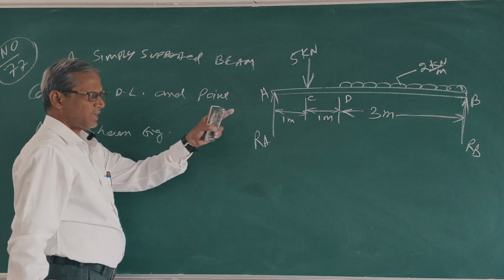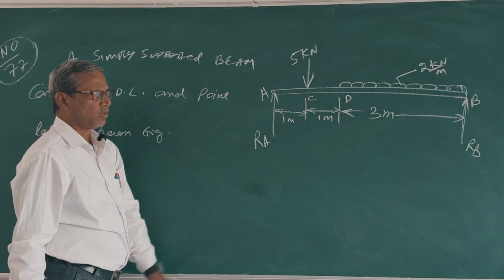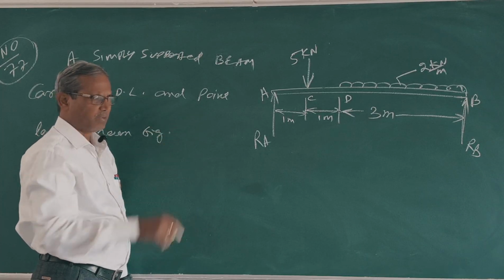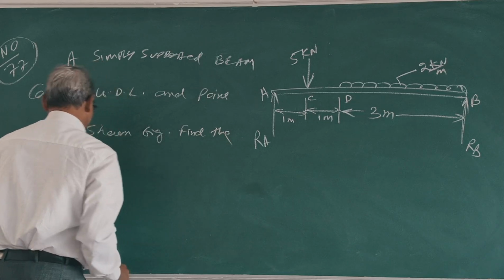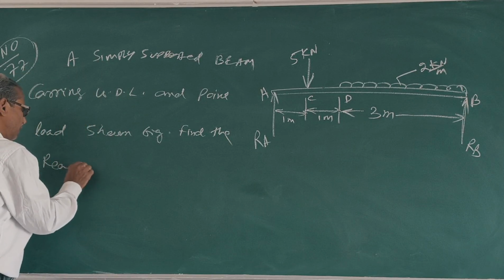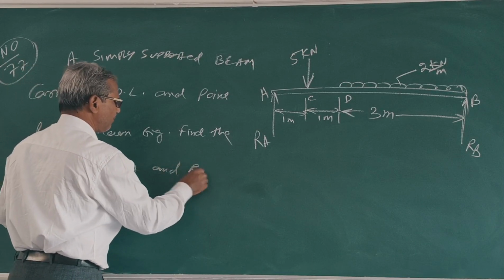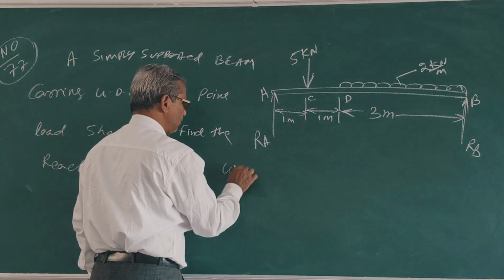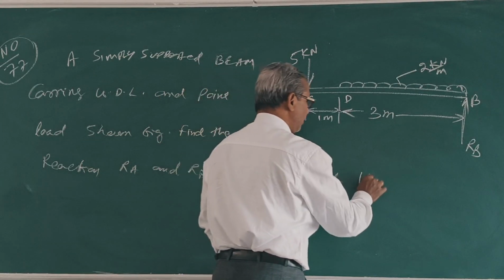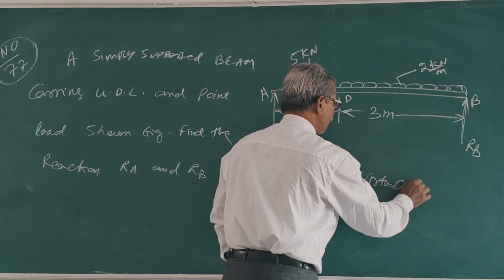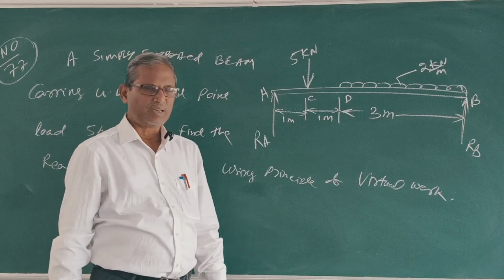A, B, simply supported beam at A and B, point load 5 kilonewton, UDL 2 kilonewton per meter for a length of 3 meter. Find the reactions RA and RB using principle of virtual work. Clear?